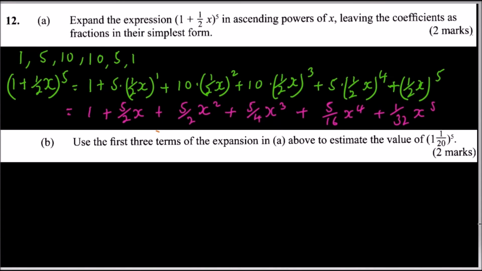Part B, we are told use the first 3 terms of the expansion in A above to estimate the value of 1 and 1 over 20 to power 5.